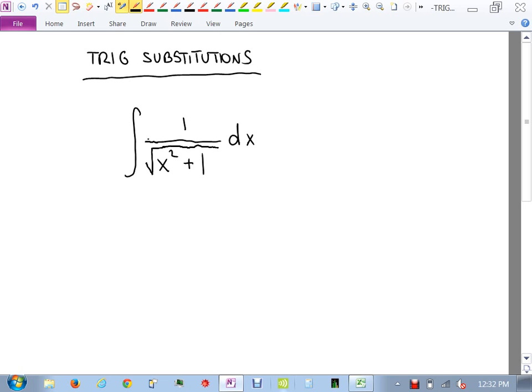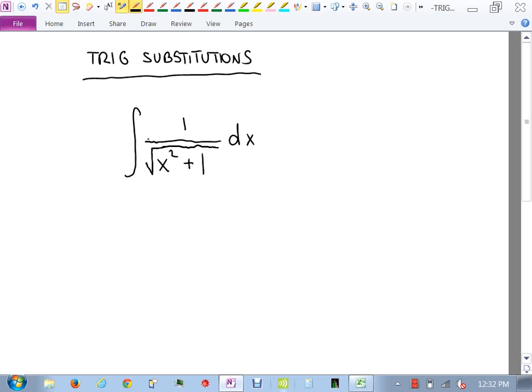But the question becomes, how do they get that formula? And I could change the problem just very slightly, and the formula wouldn't work anymore. So what I'm going to do in the last 8 minutes here is show you where that formula is coming from. To me, trig substitution is one of the most powerful techniques.